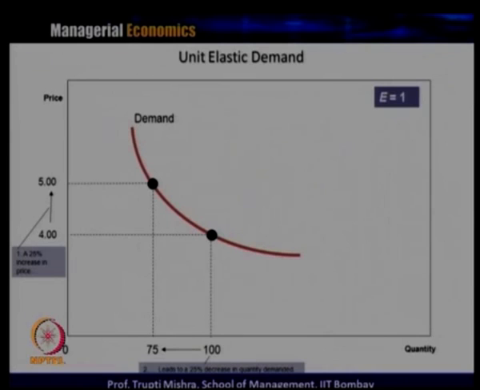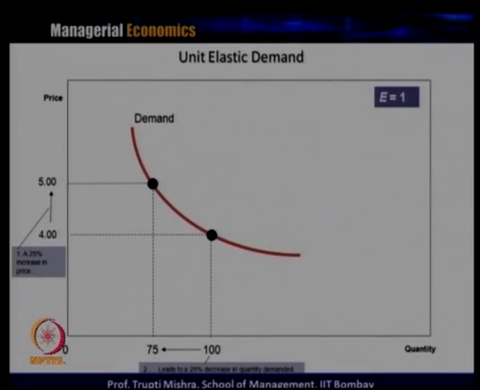Then it is the case of unit elastic demand, and again we take the same example. If the price increases from 4 rupees to 5 rupees, the quantity demanded decreases from 100 units to 75 units. So, what is the percentage increase in price? The percentage increase in price is 25%. What is the percentage decrease in the quantity demanded?